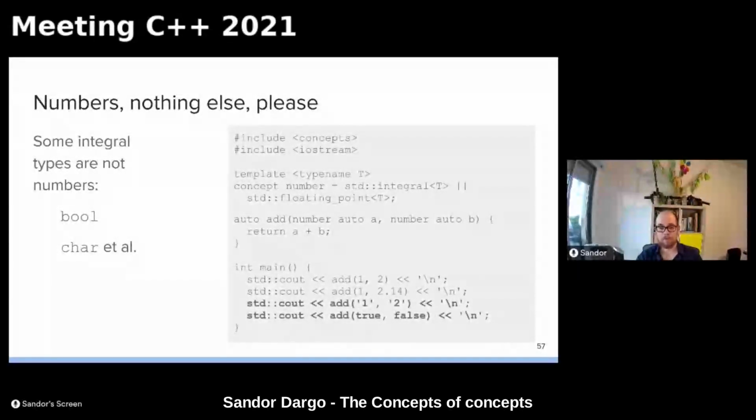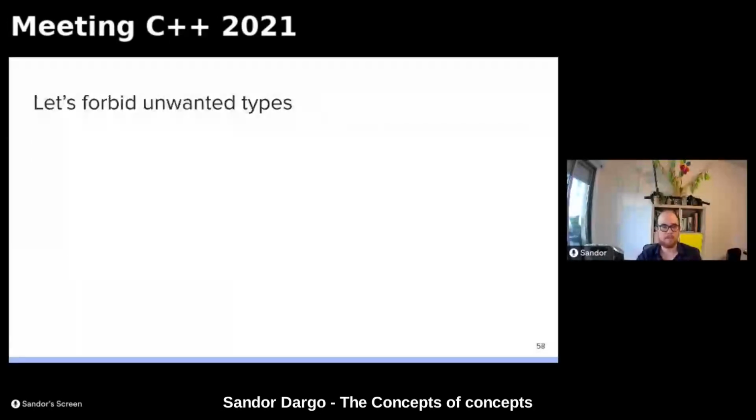If you want to add up characters, it will add them up in one way or another. Or you can even add up Booleans, which probably you don't want. And when you use the concept number, its semantics really doesn't communicate that you want to accept characters and Booleans. So we can forbid the unwanted types.